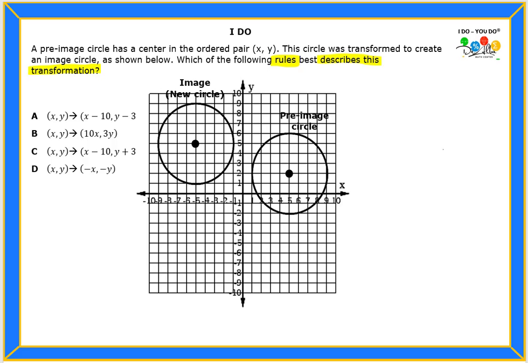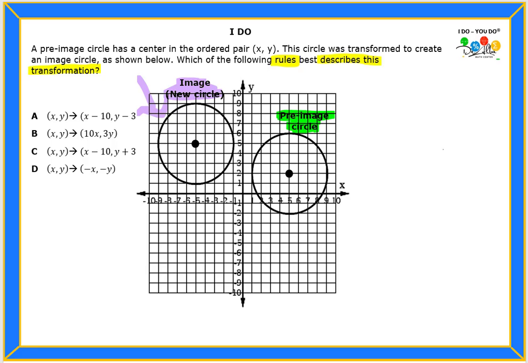First of all, you need to know which one is your first or original circle, which we call the pre-image. So this is my first circle. The new image, if you notice, it says right there, is my second circle, to the left.